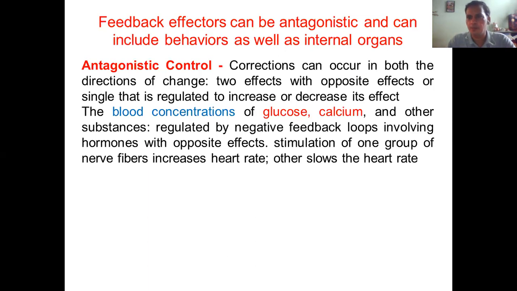If that hormone is given, it will increase the heart rate. If that is not given, the heart rate comes back to normal. However, in case of nerves, there is a separate set of muscles. It can increase or it can decrease. So it's the stimulation of these muscle fibers by giving that particular hormone.